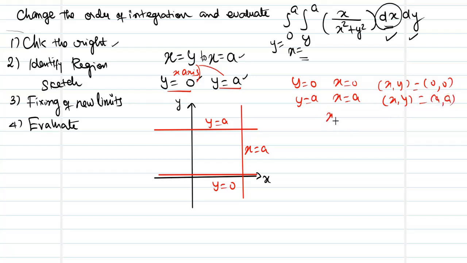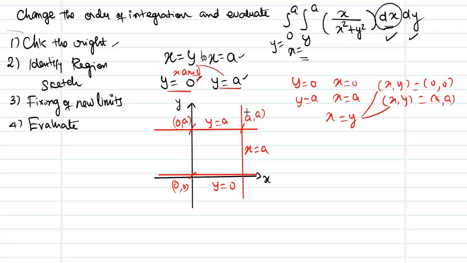So the line x equal to y passes through 0 comma 0, the origin, and a comma a, the intersection of x equal to a and y equal to a.